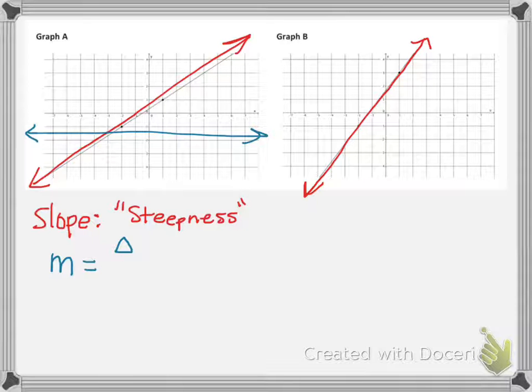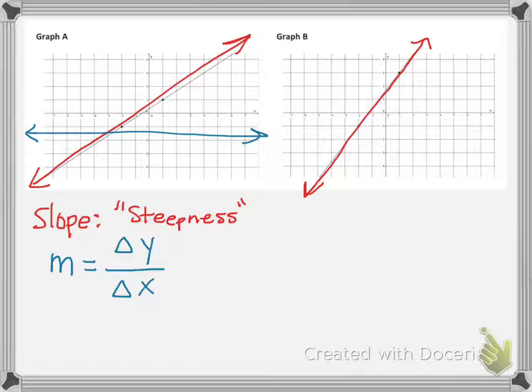So this triangle means the change in y over the change in x. We're looking for how the points change in the y value compared to the x value. We're just going to use this ratio of how the y values change over how the x values change to come up with a number for slope.